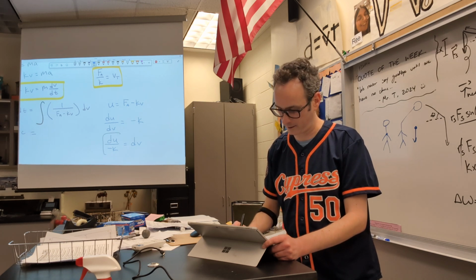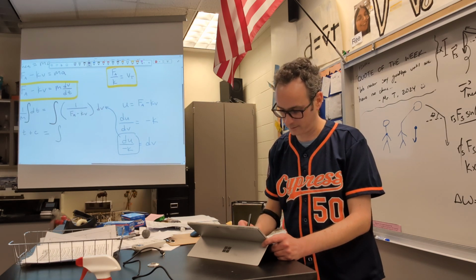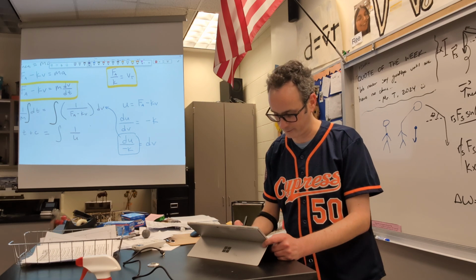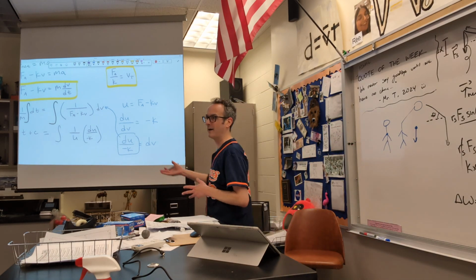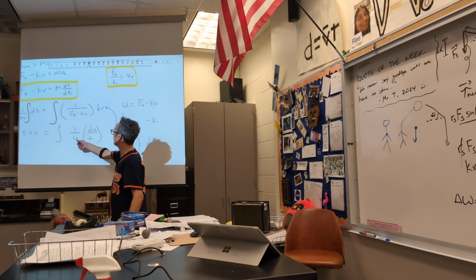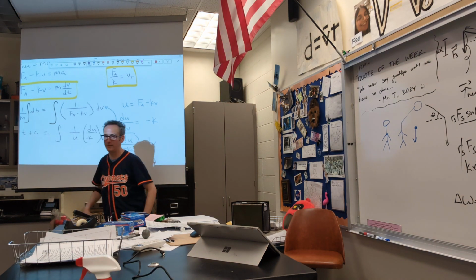And then I'm going to take all that and plug it in there. This now becomes the integral of 1 over u, and then this is du over negative k. And now I can solve this, right? That's a much easier integral to do than back there. So the negative k, though, I'll pull outside.